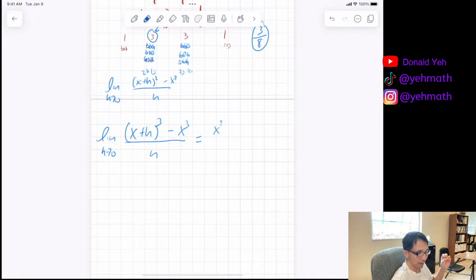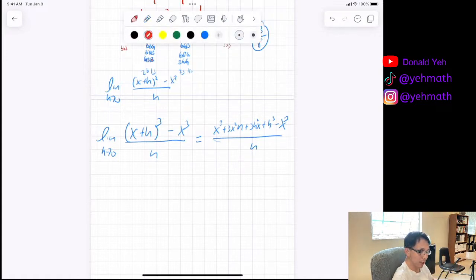x cubed plus 3x squared h plus 3hx squared, and then plus h cubed, minus x cubed, over h. It doesn't matter which Pascal's triangle row you use, or to which power, they all have the same situation.